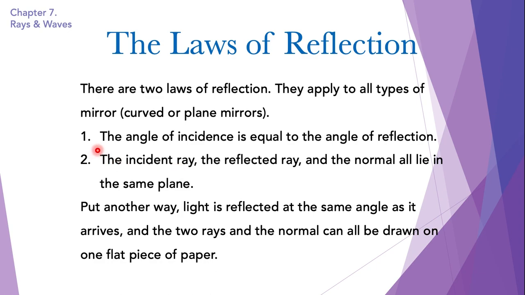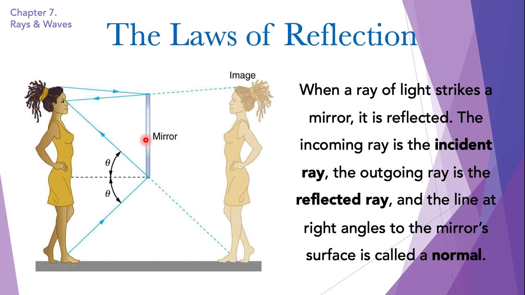The second law of reflection is that the incident ray, the reflected ray, and the normal all lie in the same plane. By this we mean, as you can see here, this is the plane. The mirror is the plane. So the normal, the reflected ray, and the incident ray all lie on this same plane, which is the mirror.